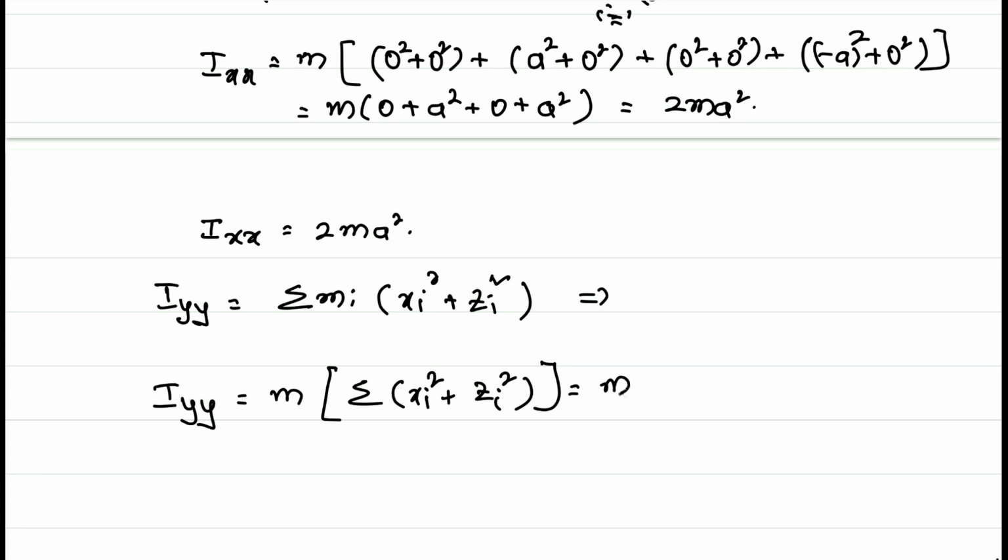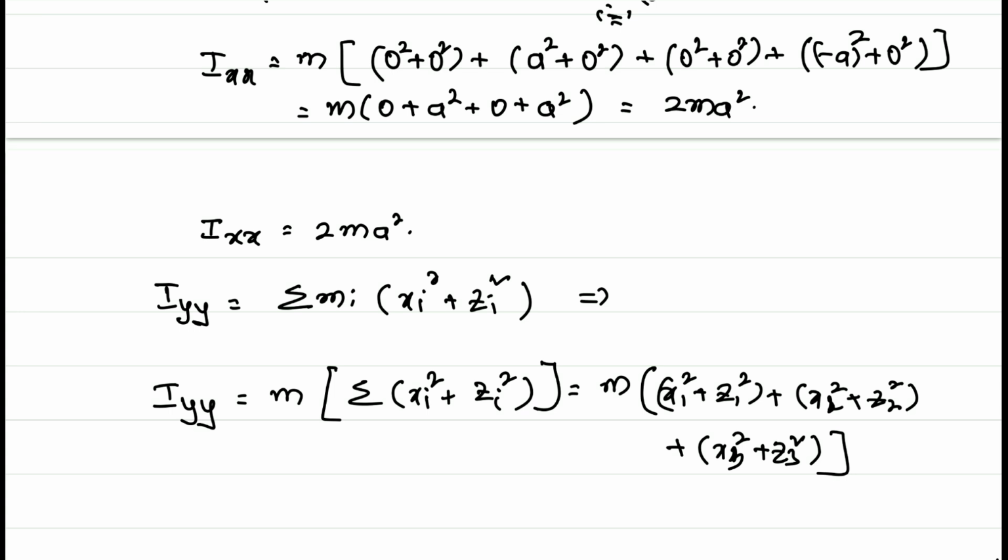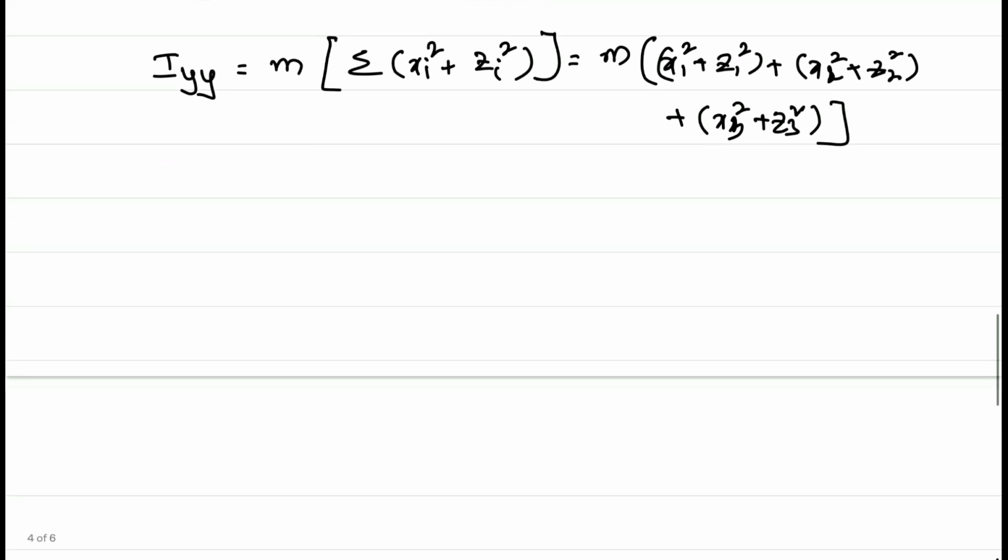That is equal to m into x1 square plus z1 square plus x2 square plus z2 square plus x3 square plus z3 square. This is the value of Iyy.